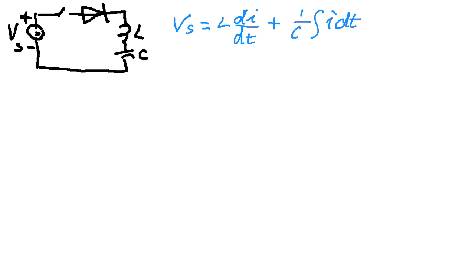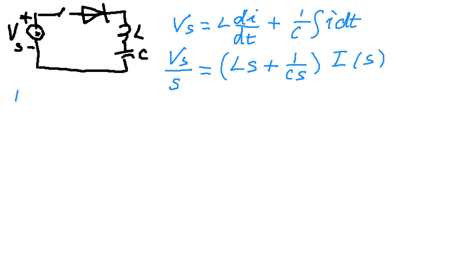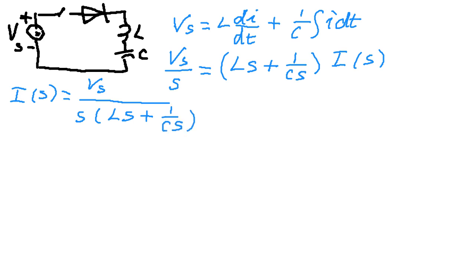So Vs over S is equal to Ls plus 1 over Cs, times Is. So Is is equal to Vs over S times Ls plus 1 over Cs, which is equal to Vs over L.